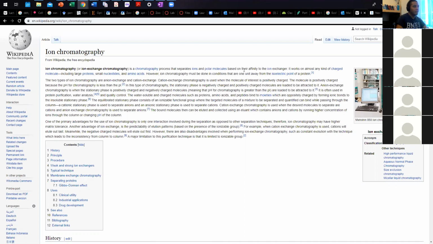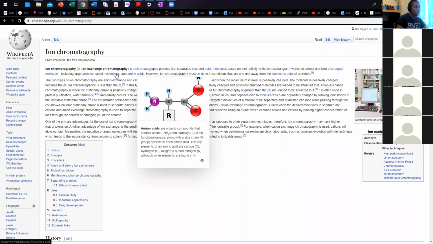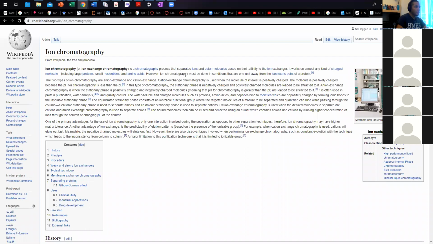The phosphate is negative, and that's what makes it polar. There's an ion exchange that causes it to stick to the beads, those little beads you see here.